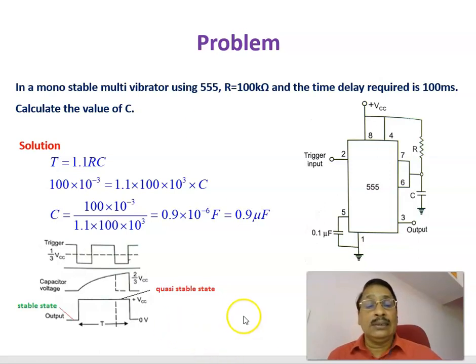You can design the corresponding value of resistance and capacitance, and this is the stable state and this is the quasi-stable state, and the quasi-stable state duration equation is T equal to 1.1 times RC. Therefore, this is a problem related to the monostable multivibrator using 555 IC.